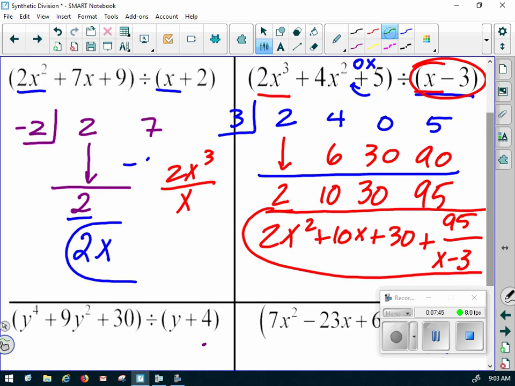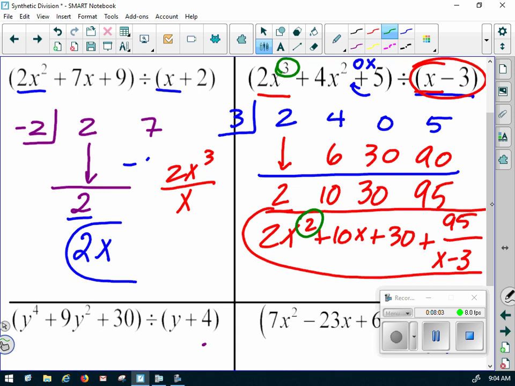How is the exponent right here going to compare to the exponent right here? One less every time.